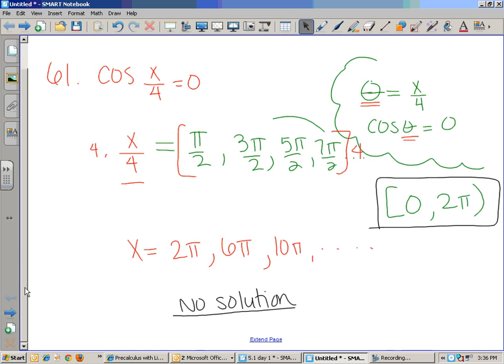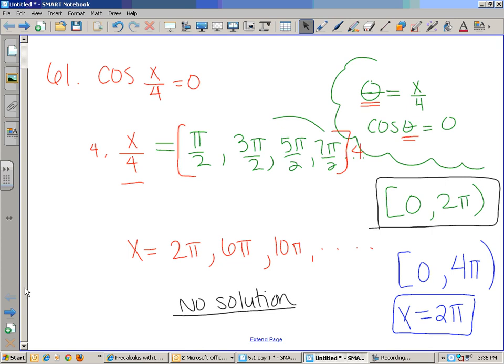Now, if I extend the window and say I want you to go from 0 to 4 pi, then I have one answer, and it would be x equals 2 pi. So the thing I want you to pay special attention to is the window. For us, we're going to be looking at 0 to 2 pi, and we're not going to count the 0 line twice. So we're counting 0, but not 2 pi.